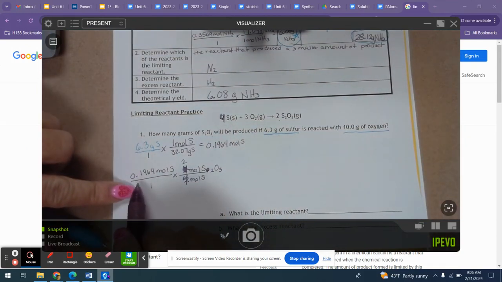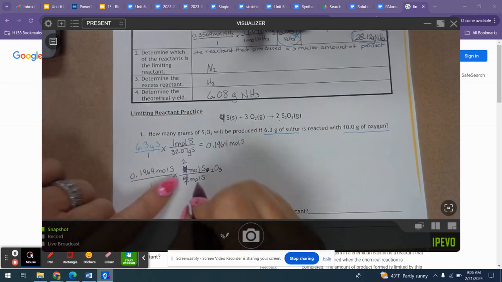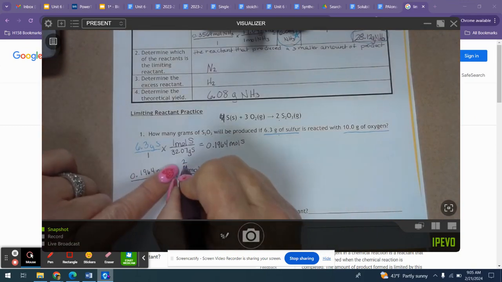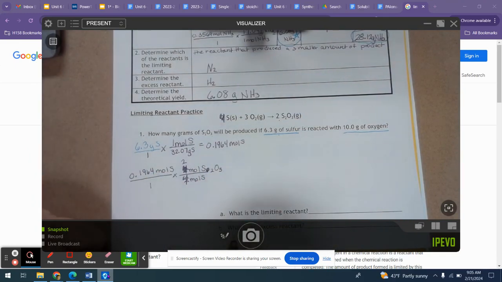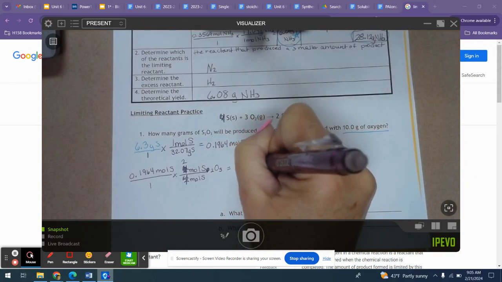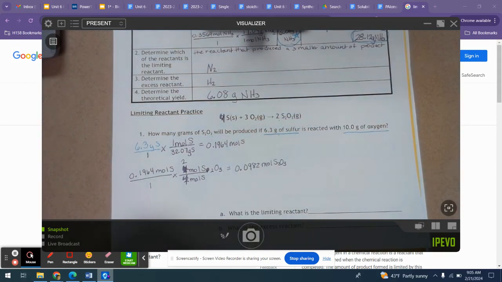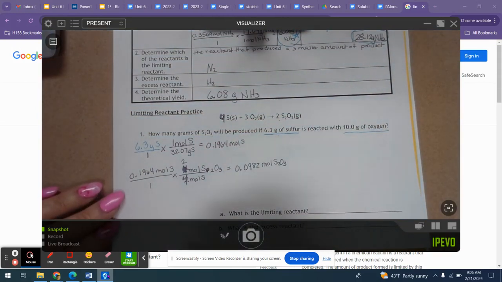So for every 4 moles of sulfur, 2 moles of S2O3 are formed. If I do 0.1964 times 2 divided by 4, I get 0.0982 moles of S2O3.